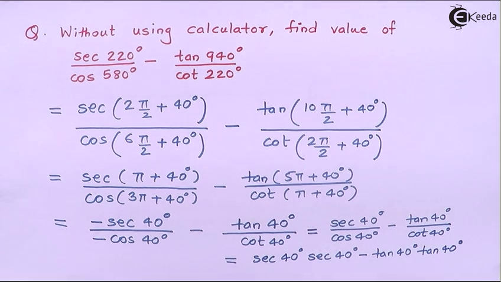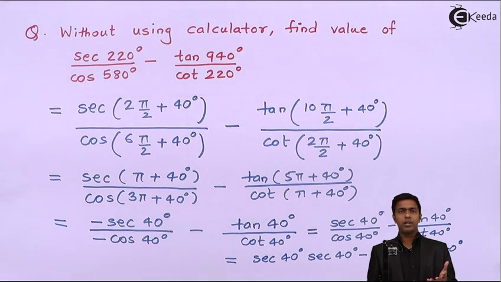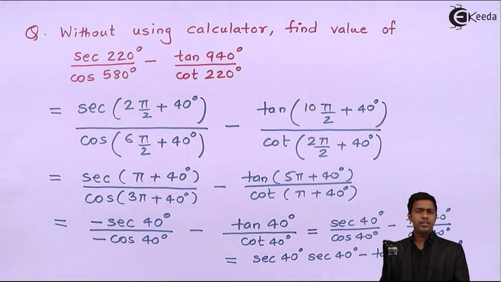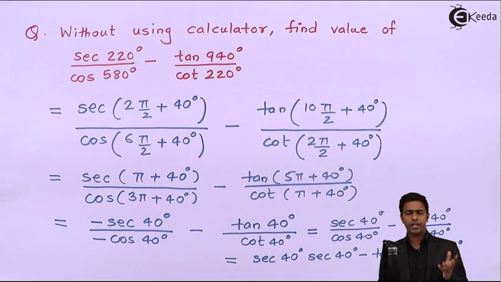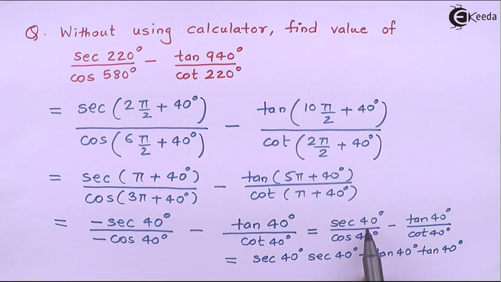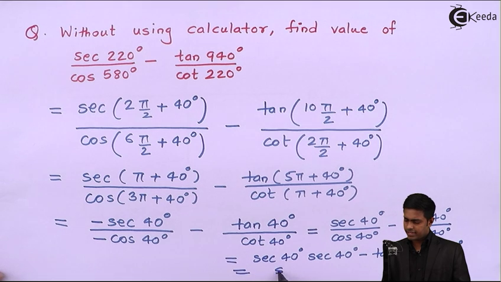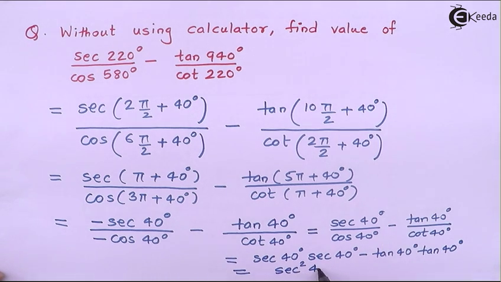Here I am not using the table, because in the table we never find the value for 40 degree. We can find the value of 30 degree or 45 degree from the table, but this angle is odd and not present in the table, hence I am using some trigonometric formulas to get the answer. So here we got the expression sec square theta minus tan square theta.